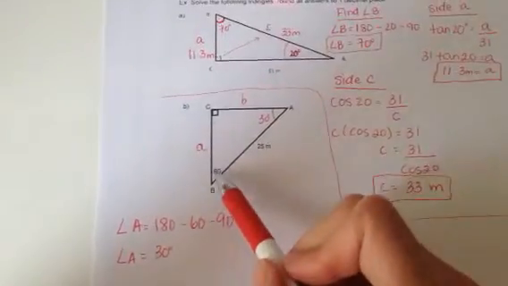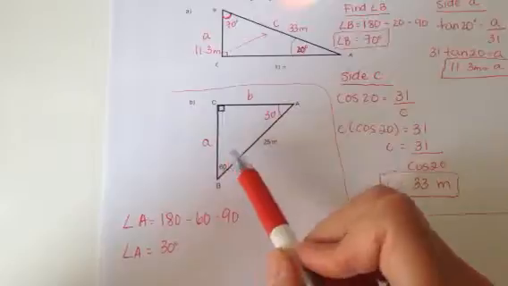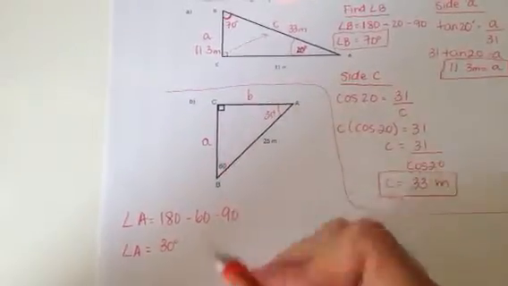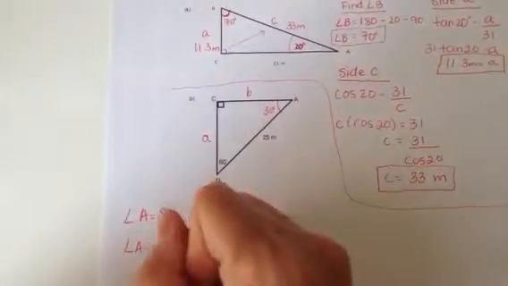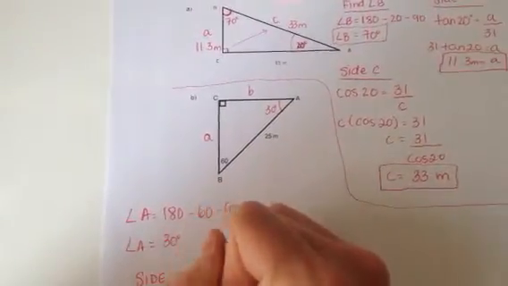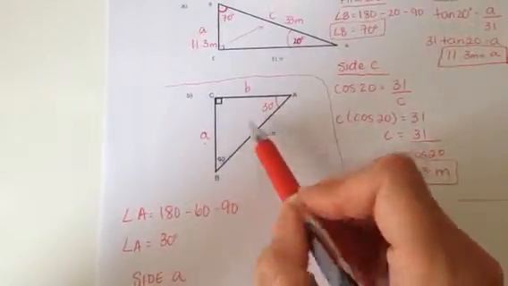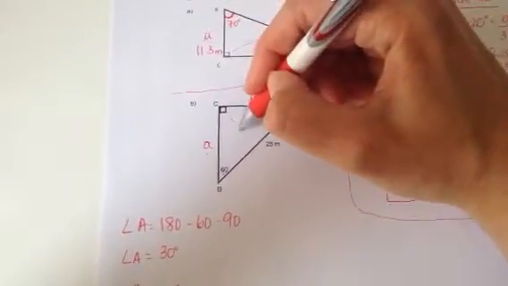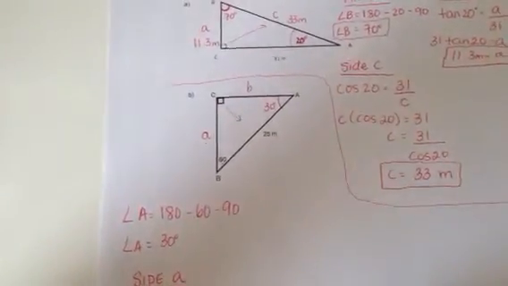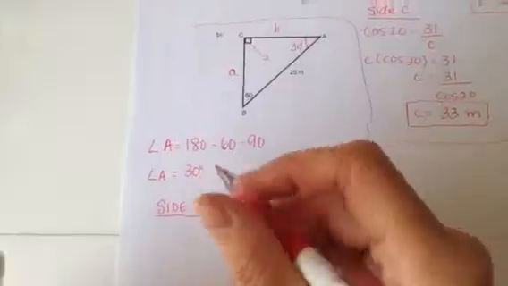I'm going to use the information that I was given to solve for my A and to solve for my B. So let's solve for A first. So for side A, A is adjacent to the 60 degrees. My 25 is the hypotenuse. So adjacent and hypotenuse, we're going to use the cos.